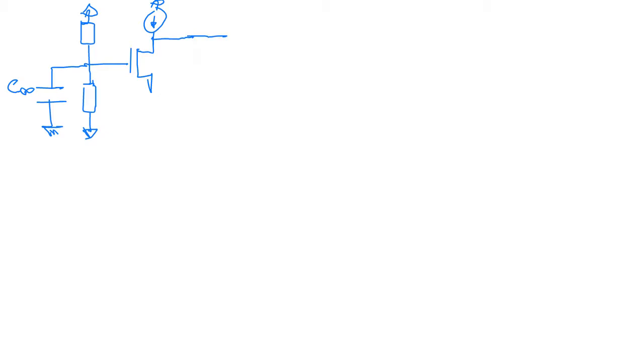Here we have the output with a given load, and the input is at the source. This is called common gate because the gate in AC is connected to 0. In AC, this is a short, so the gate is at 0. This is why it's called common gate.